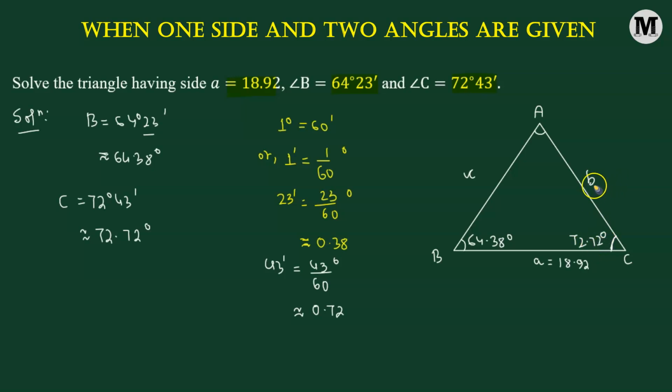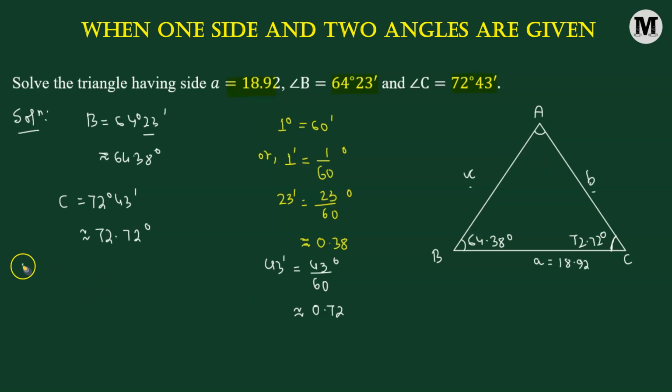Now our goal will be to find the measure of angle A, and we need to find the sides b and c. First we will find the measure of angle A. That's a very simple task because we know that the sum of the angles of a triangle adds up to 180 degrees.